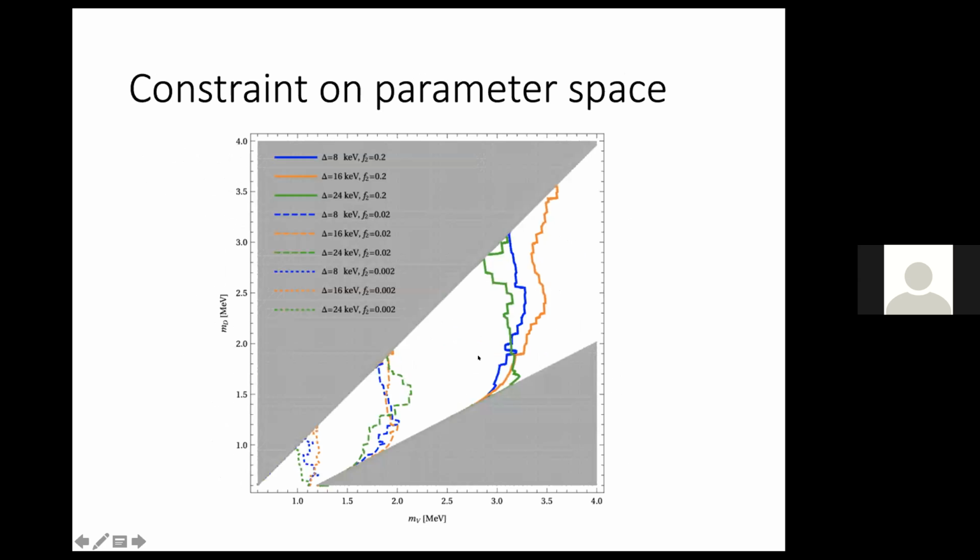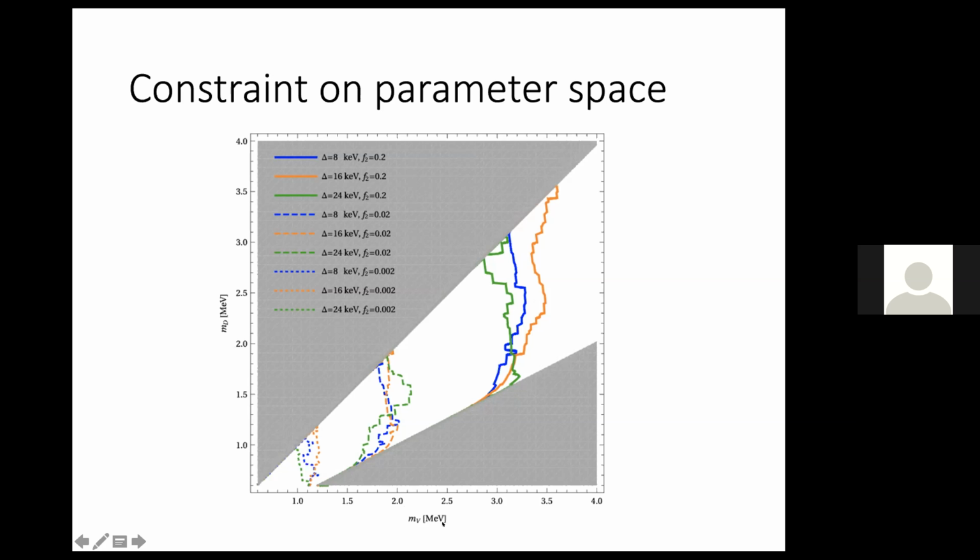Here, with different choices of the gap energy and of this F2 number, we can have some constraint curves in the parameter space of M dark and MV.